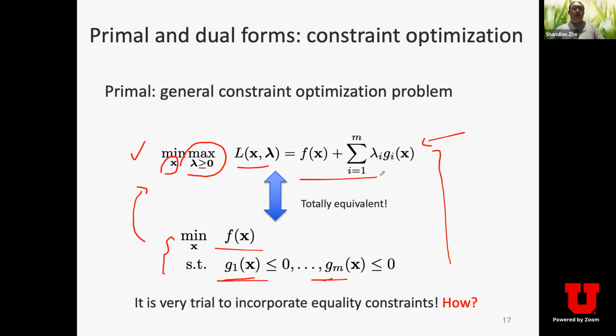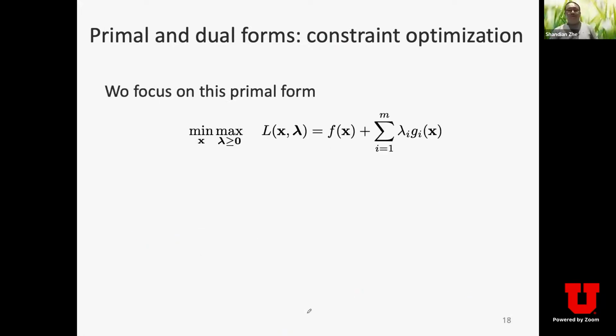So now I want you to think about how to use the same framework to incorporate equality constraints. Actually, it is pretty straightforward, but it will be a good practice to help you understand those connections. You don't need to think about it right now. That will be our homework.